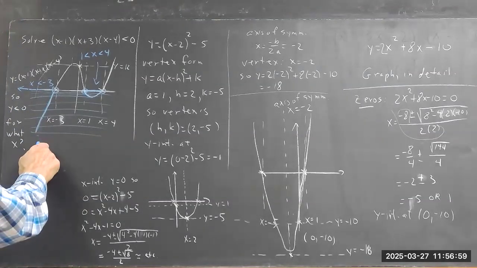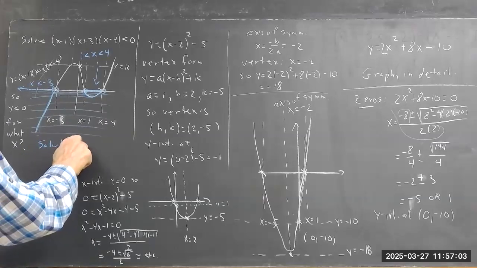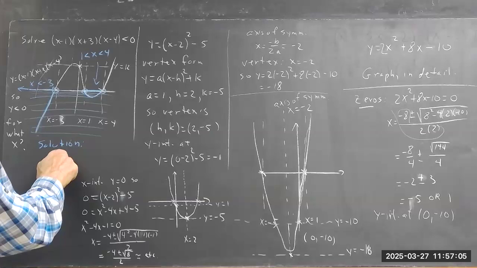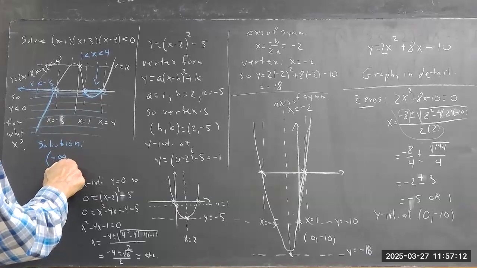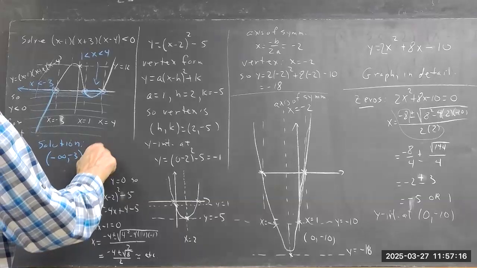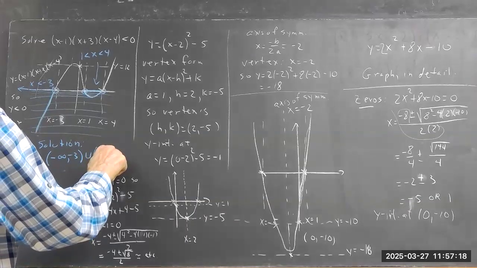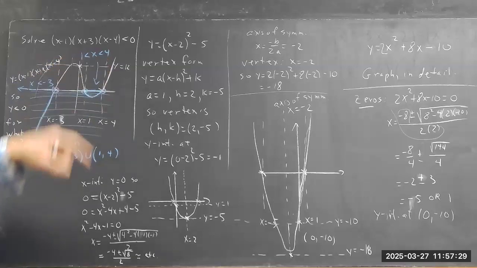So our solution in interval notation would be -infinity, -3, union 1, 4. You could also write x less than -3 or 1 less than x less than 4.